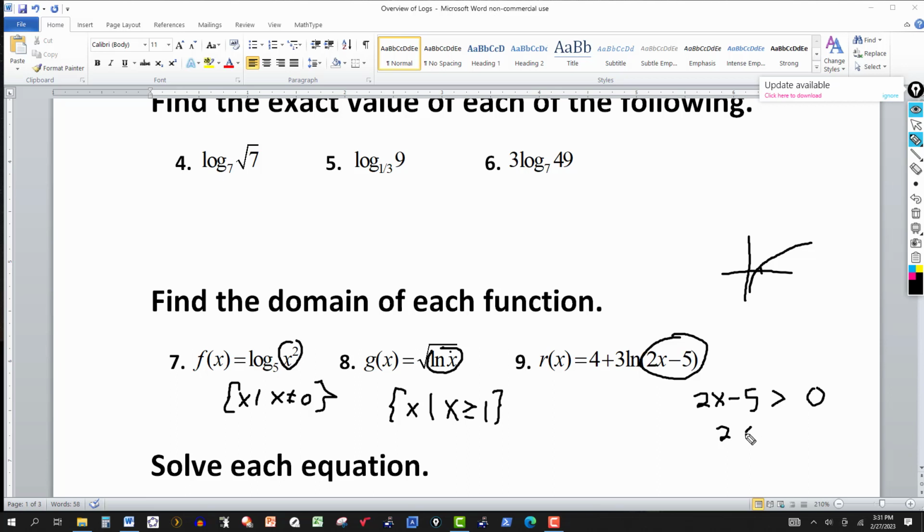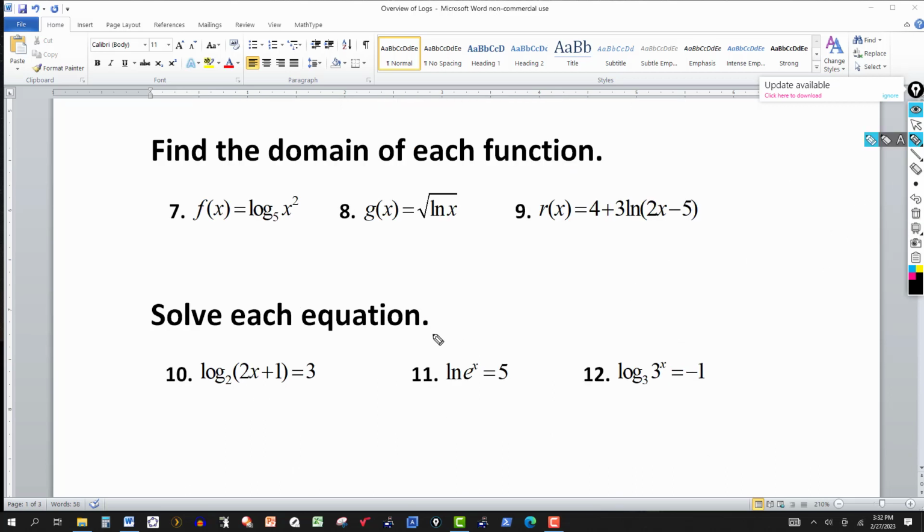Add 5 to both sides: 2x greater than 5. And then divide by 2. We can divide by a positive without changing the inequality sign. Domain for this one then will be the set of all x, and we're okay as long as we pick a number greater than 5/2. X is greater than 5/2. That's your solution.